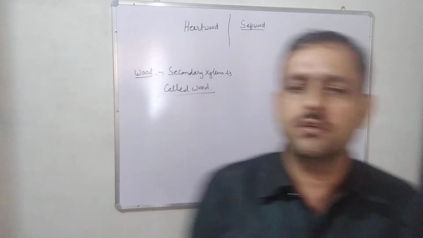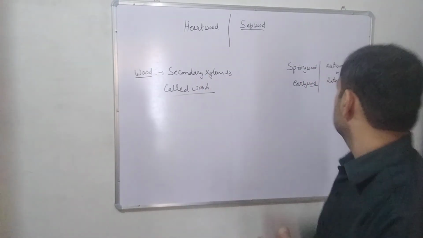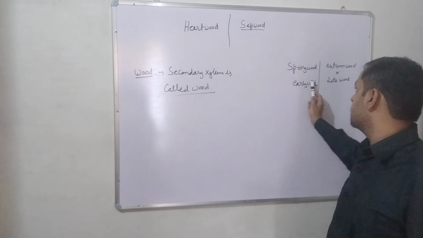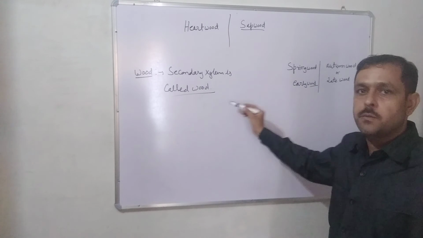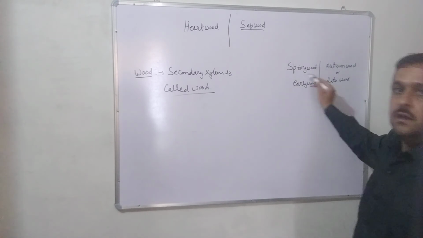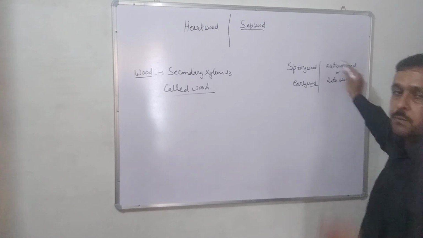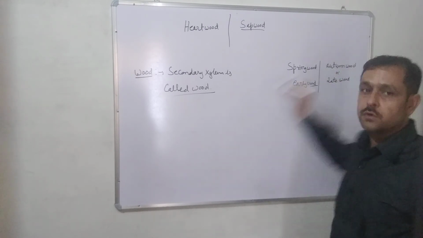It is the term used for wood of dicot trees. Spring wood means this wood is formed in rainy season, or early wood, and this wood formed after the rainy season is called late wood.